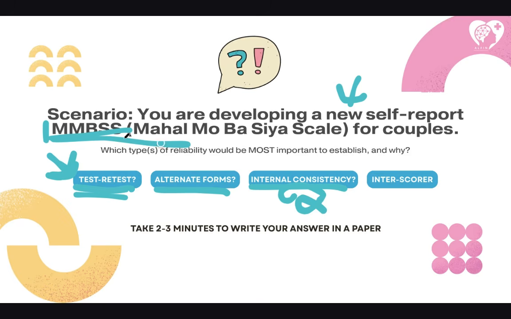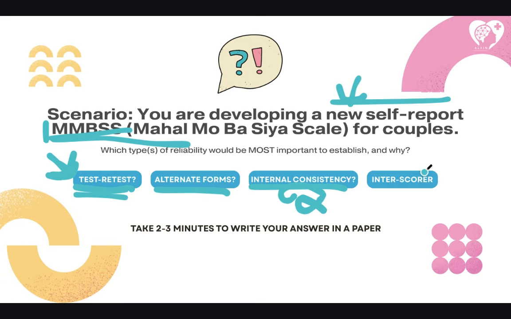For example, MMBSS behavior version, meaning raters observe couples when they talk and then they rate, or a feelings version, for example. When you get the two versions, you then check whether both forms yield similar scores. But if it's an initial scale, meaning you're still developing it, it won't be that useful. Okay, it's not a priority.